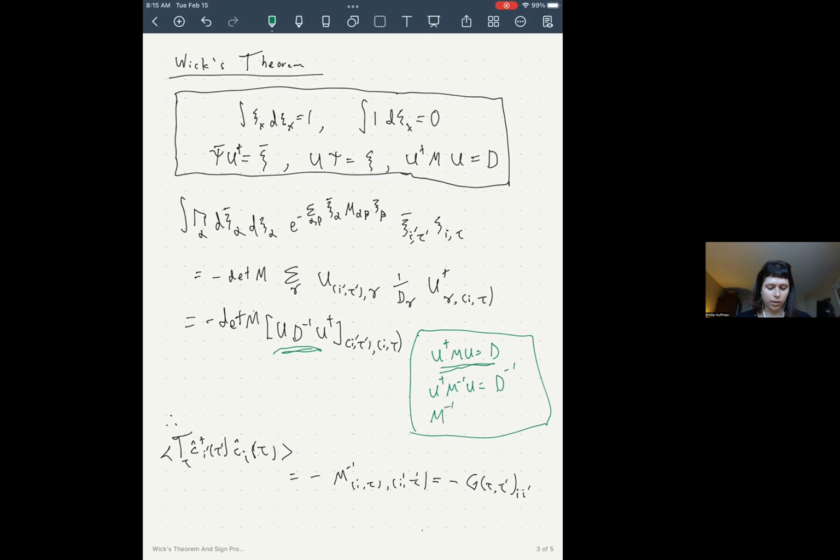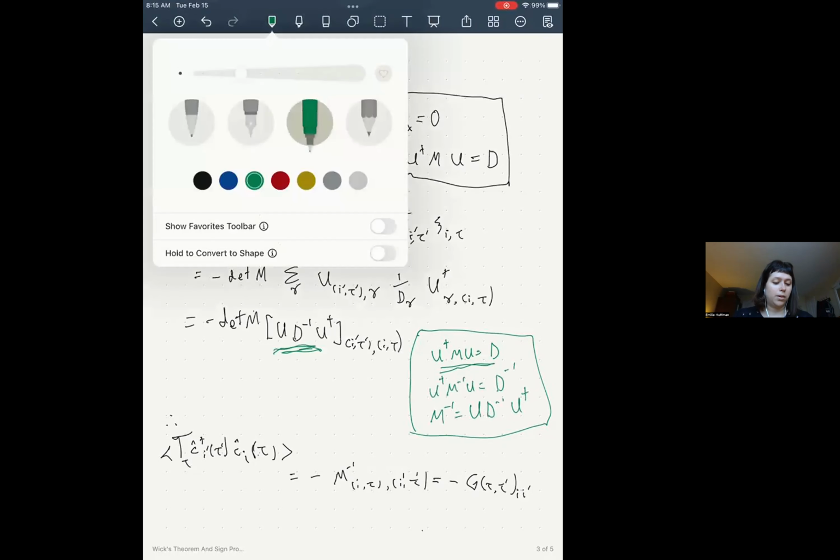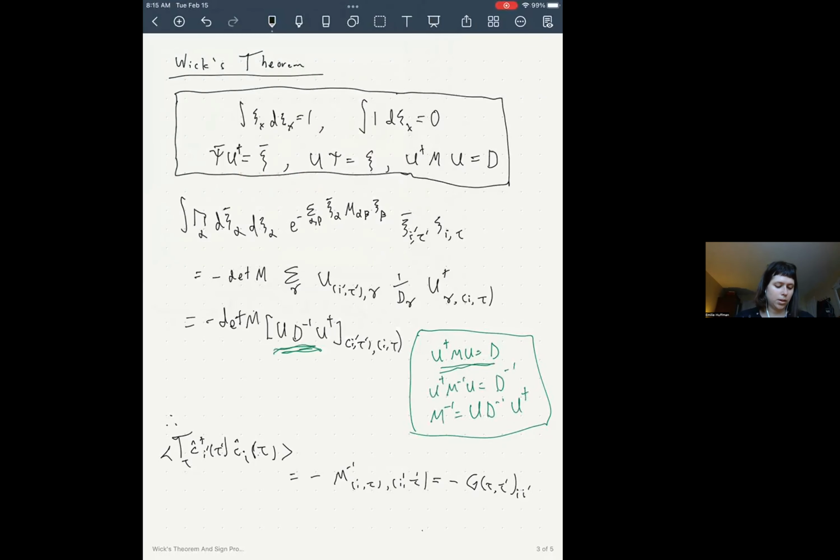And what I am going to get at the end is just M inverse is U times D inverse U dagger. And so that's precisely what we have here. So when we do the integral at the end, we get minus determinant of M times M inverse I prime tau prime, I tau.